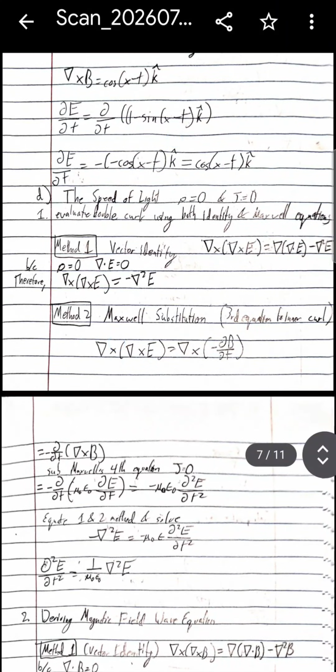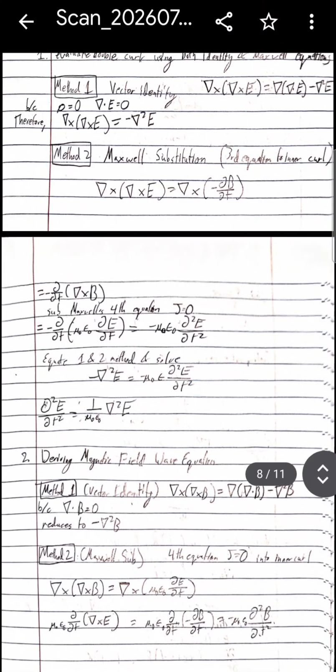For method 2, we substitute Maxwell's equation directly. We swap the inner curl for negative partial derivative of B with respect to t, pull out the time derivative, and substitute the Ampere-Maxwell law for del cross B. This yields negative mu naught epsilon times the second partial derivative of E with respect to t.